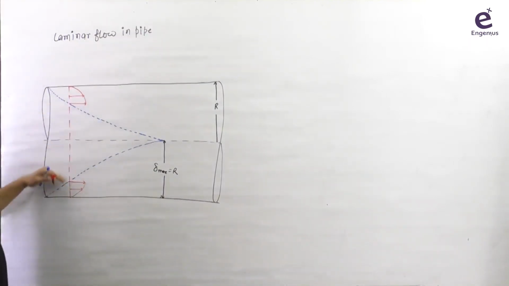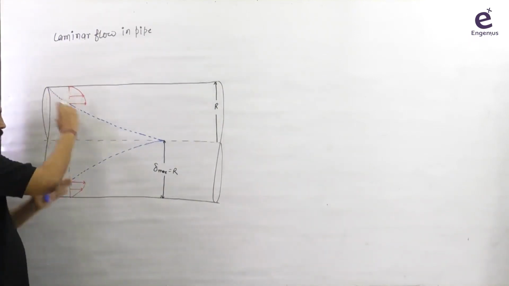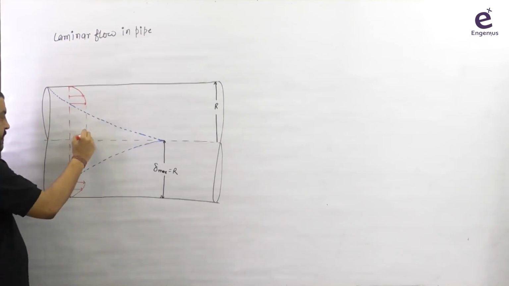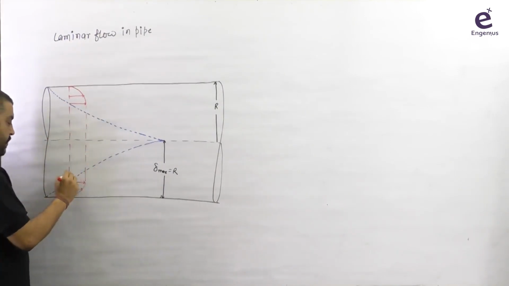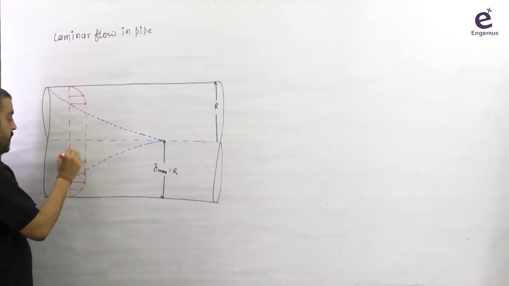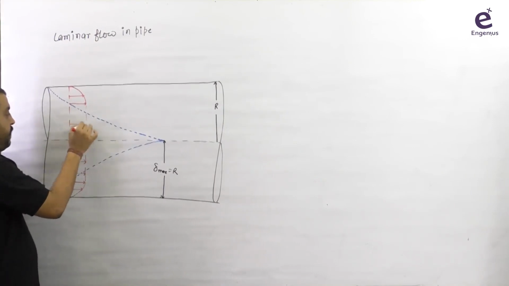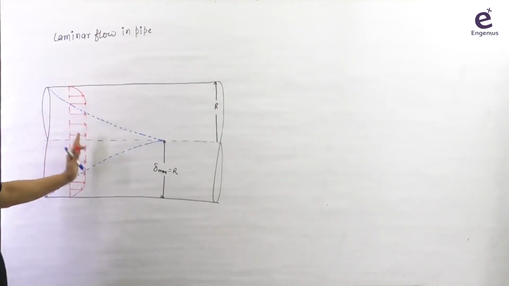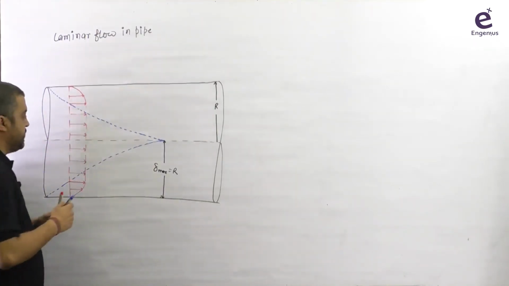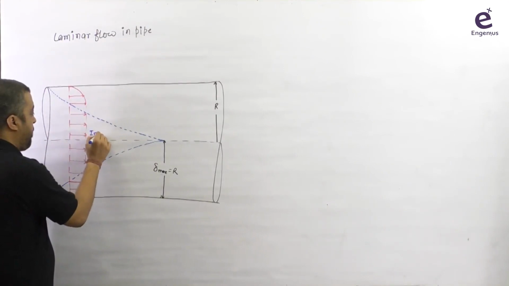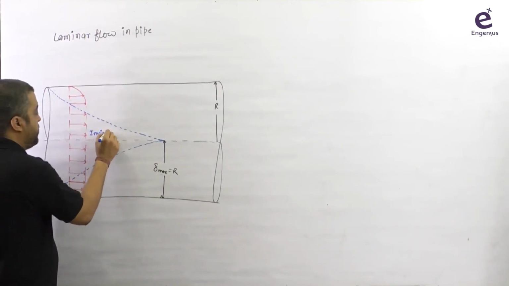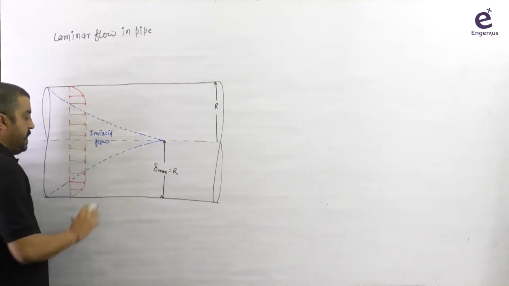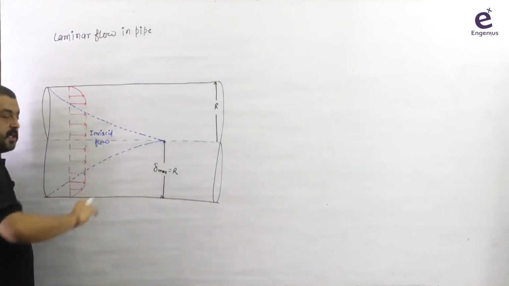But in between here, in this core, actually a conical core, as the fluid is behaving like a non-viscous or inviscid fluid, the velocity gradient is almost zero here, and the profile will look flat. Okay, so we are saying this region is the inviscid region, or inviscid flow. But in this region, there is a viscous flow.